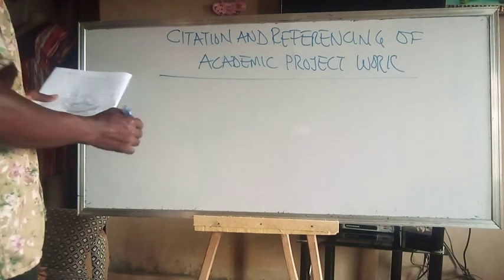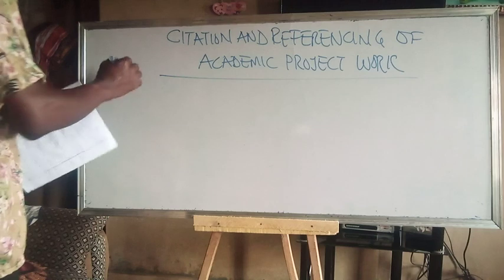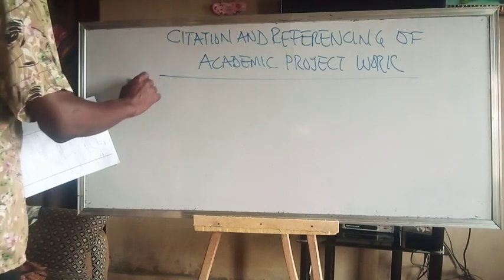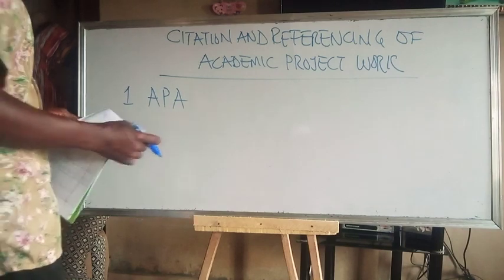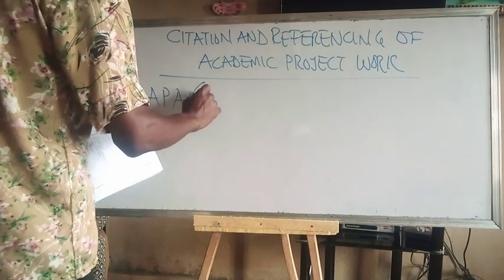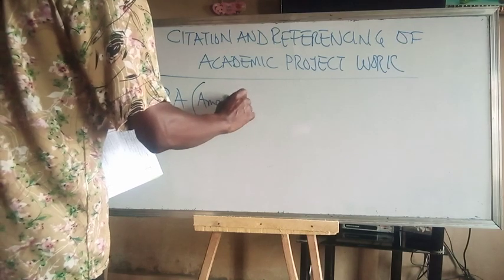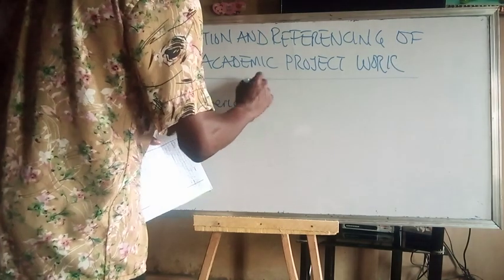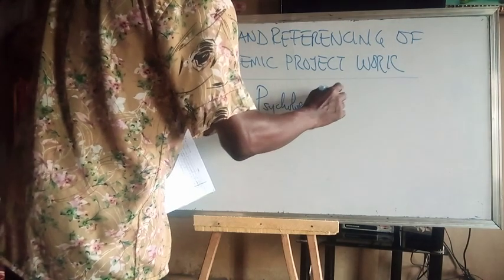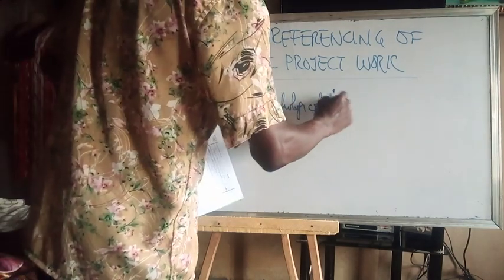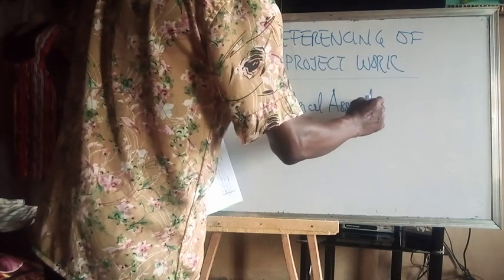Now, the very first one we shall look at is the APA, that is American Psychological Association. This is a type of referencing style.